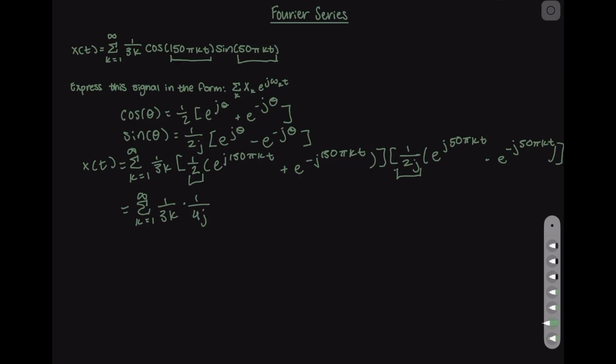And then we just have the multiplication of our two complex exponential terms. So we're going to want to multiply this out, and remember, when we're multiplying exponentials, the exponents are going to add together. So we'll have the same thing out front.